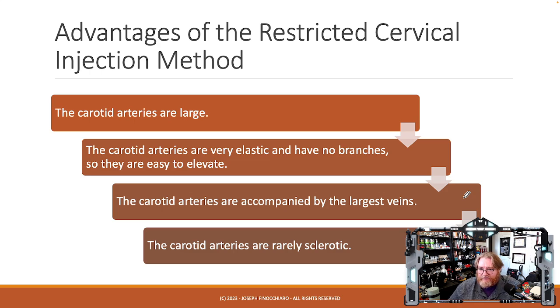So let's talk real quick about what we're looking at with a restricted cervical. You're raising arteries 1 and 2 here in the head, okay? You're inserting a tube into each one of the arteries going north towards the head.